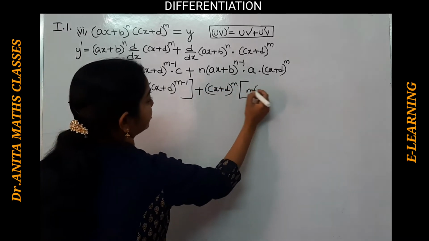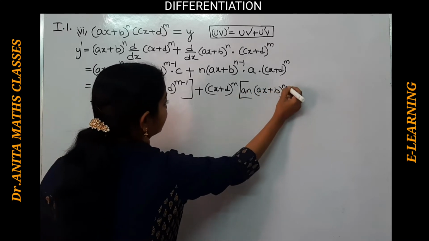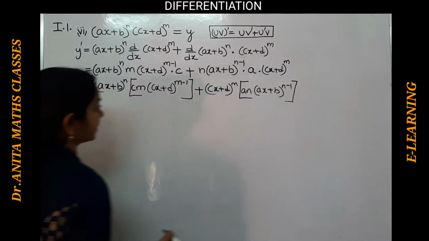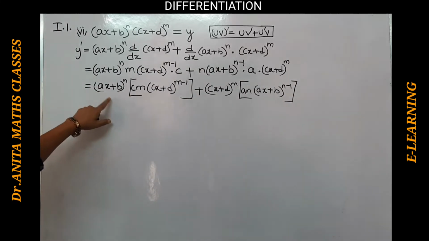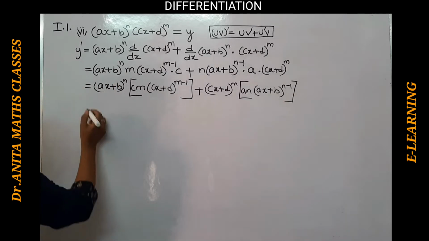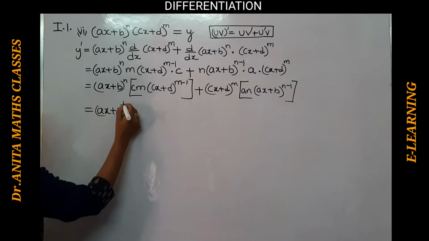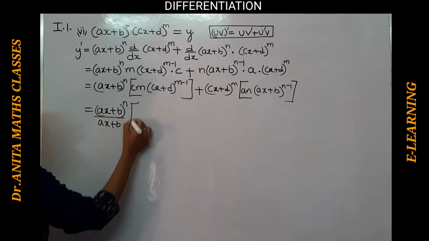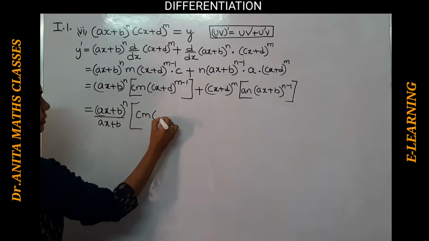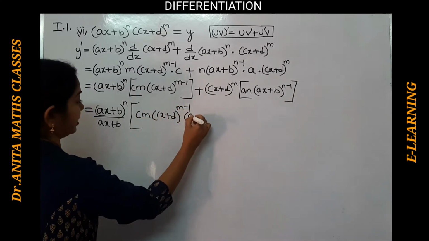So n into (ax plus b) raised to the power of n minus 1. Right. Let me multiply and divide here with ax plus b. So this becomes (ax plus b) n divided by again ax plus b, and cm, (cx plus d) to the power of m minus 1 into (ax plus b).